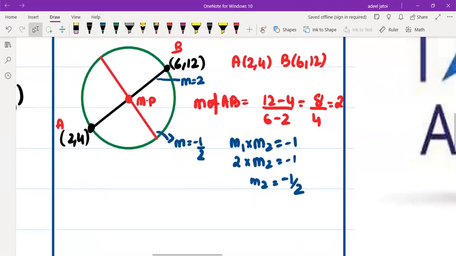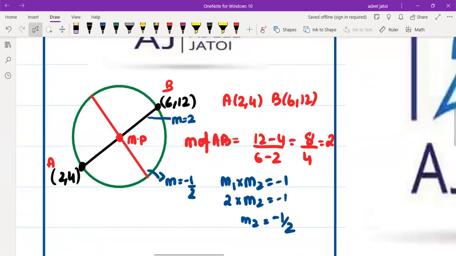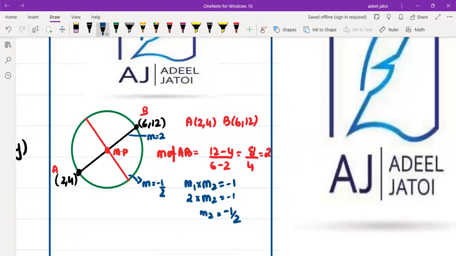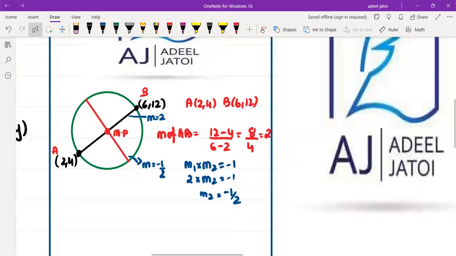Now, knowing that we need the equation of the perpendicular bisector of (2, 4) and (6, 12), we have the midpoint formula, which is (x1 plus x2) upon 2, (y1 plus y2) upon 2.